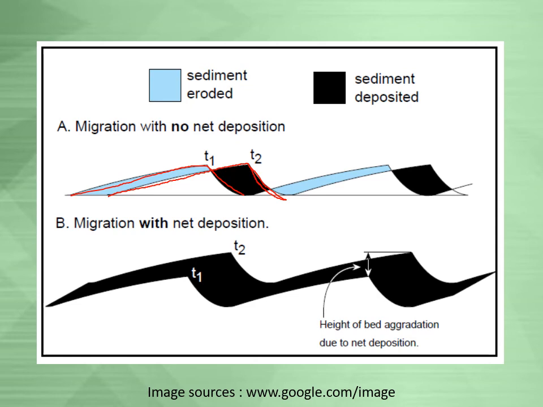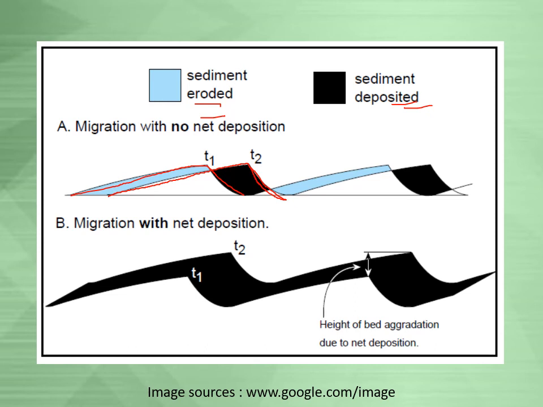Now an important factor here is the erosion and deposition. For this figure you can see that erosion occurs only on the stoss side and deposition on the leeward side, that is, all the erosion and deposition is restricted to the sediments which moved in contact with the substrate.